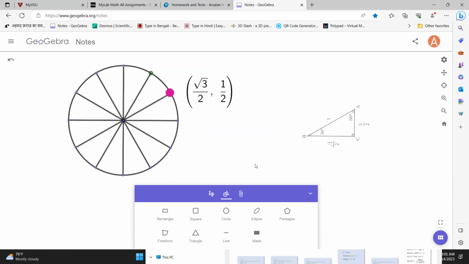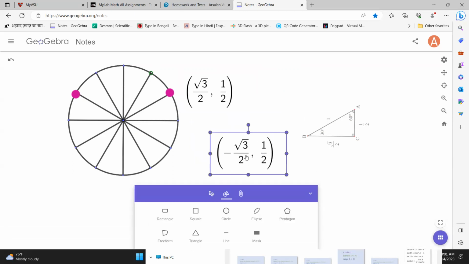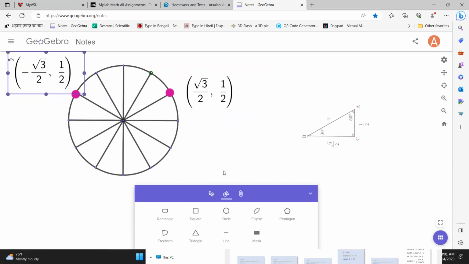Now I'm going to take this. I want to know the coordinates of this point. I'm going to skip these two. These two will be discussed when we do 60 degrees. So I'm going to go here just like before. The x coordinate will be negative and the y coordinate will be exactly the same as the previous pink dot. How about this one?